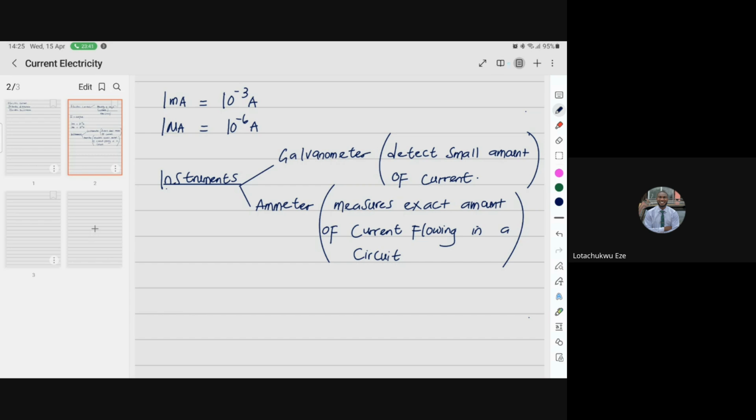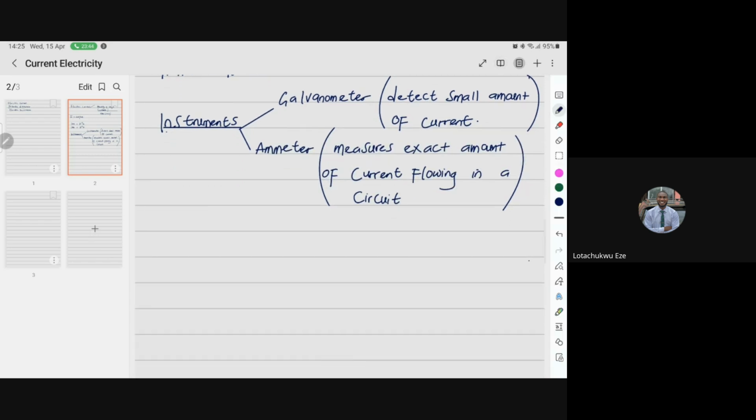All right, ammeter always connected in series. Should I put that down? All right, so note that the ammeter is connected in series.